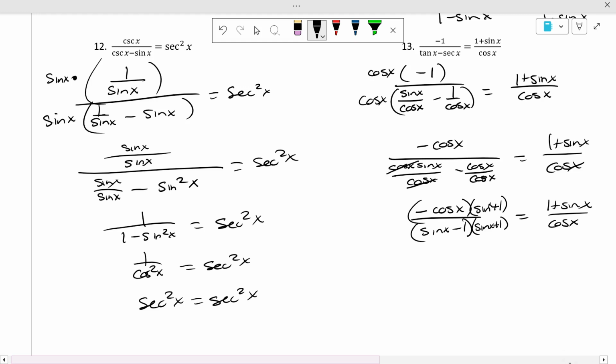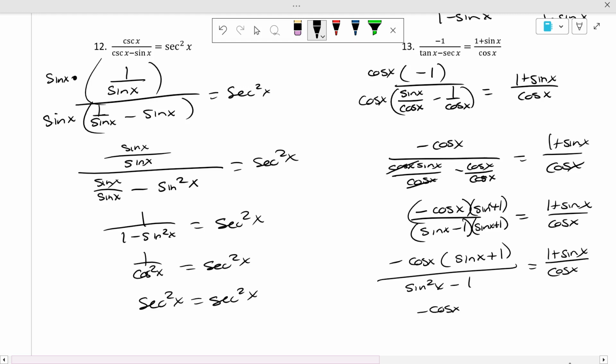Okay. So I get negative cosine of x, and I'm not going to distribute for now on the top until I see what my bottom comes out to be. So I have sine squared of x minus 1. So negative cosine of x times sine of x plus 1 equals cosine squared of x.